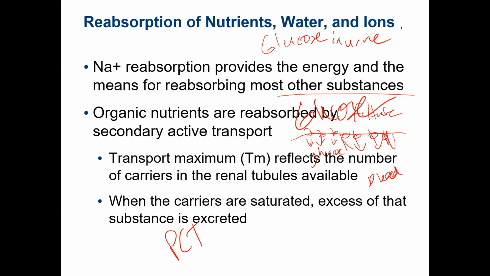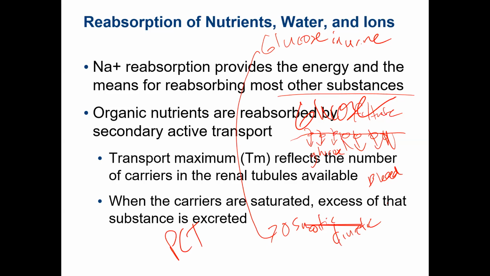Now that that glucose is stuck in the filtrate, something else is going to happen. This is a solute. It's dissolved in that fluid. And because it's a solute, dissolved in fluid, it's going to have osmotic properties. And then that glucose acts as an osmotic diuretic.